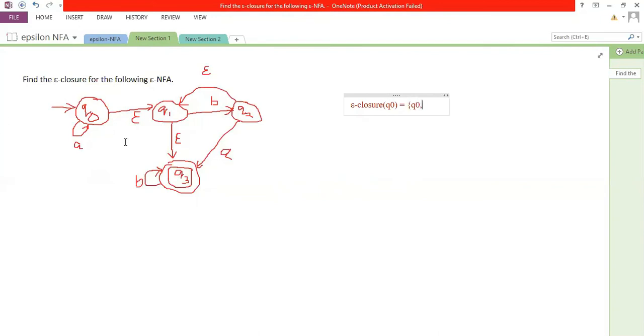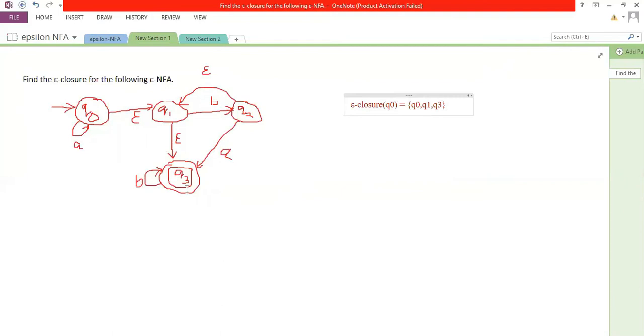Then check where all we can reach. From the state Q0 with epsilon, we can reach Q1. So write Q1. Then from Q1, we can reach Q3. So write Q3. So epsilon closure of Q0 is Q0, Q1, Q3. Put commas because we say it is a set of states; it is very much required when you convert it into DFA.